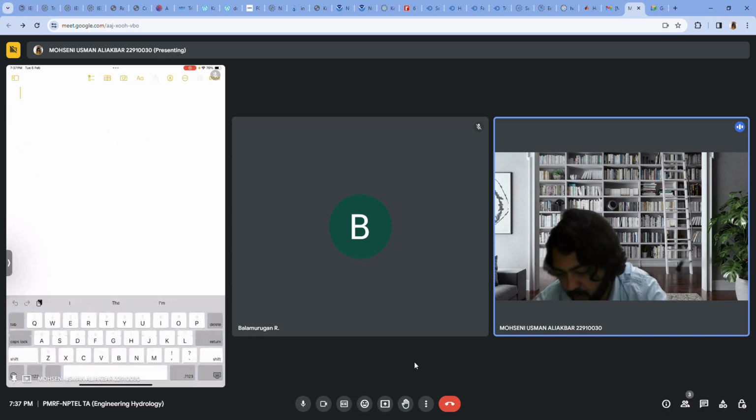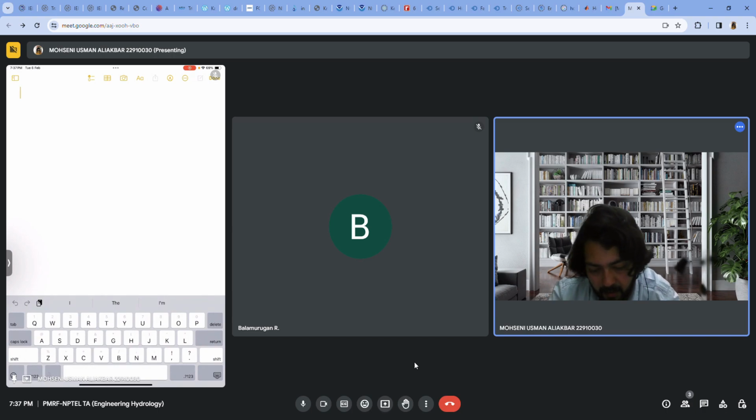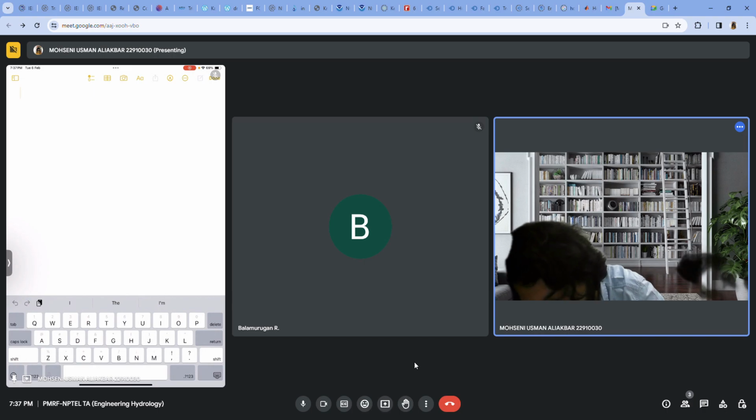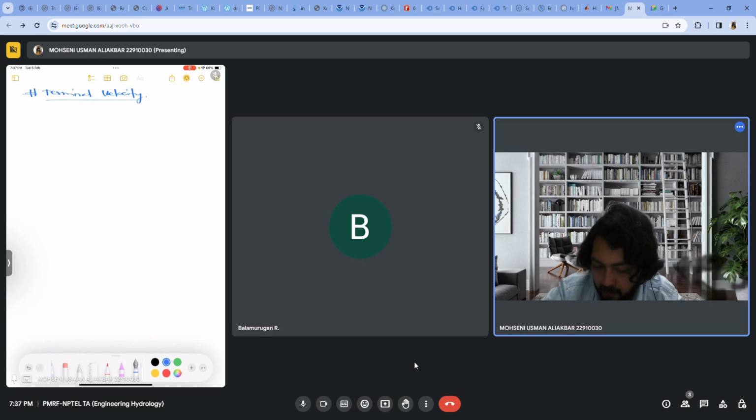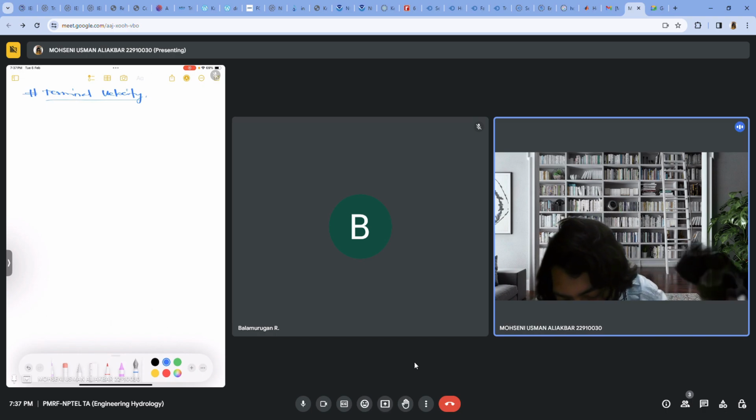Now the next part is to see what is terminal velocity, and this is the last part in the second module. Terminal velocity, we are already familiar with this term. We have studied this in our basic classes, in +1 and +2 junior college physics.